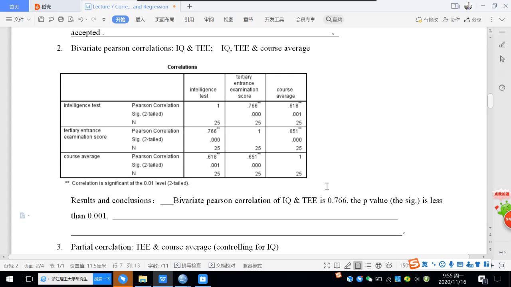So it means the correlation of IQ and TEE is very significant.